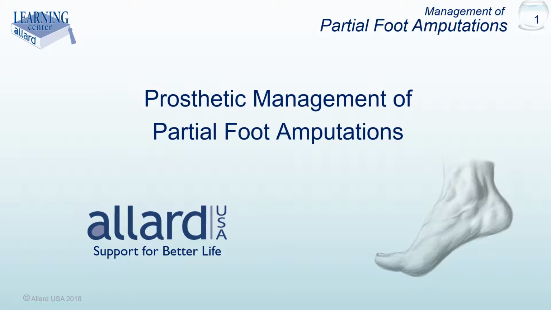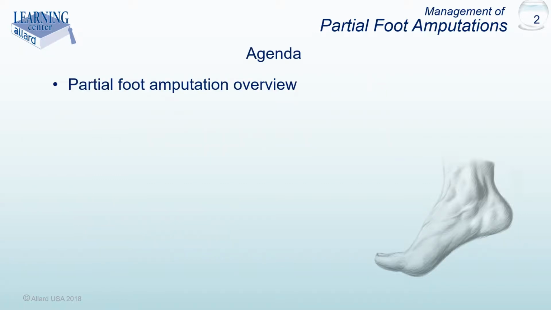We hope that during the next hour or so, you will find information that will make your job easier and will help you optimize the outcomes of your partial foot patients. We'll start with a quick overview of partial foot amputations and then look at the consequences of amputation.